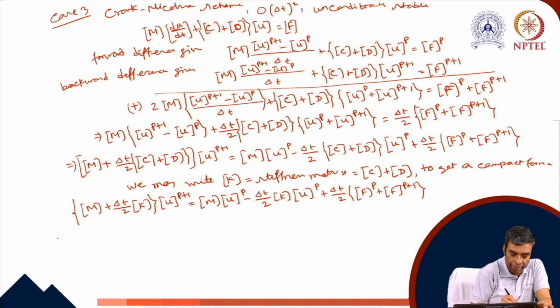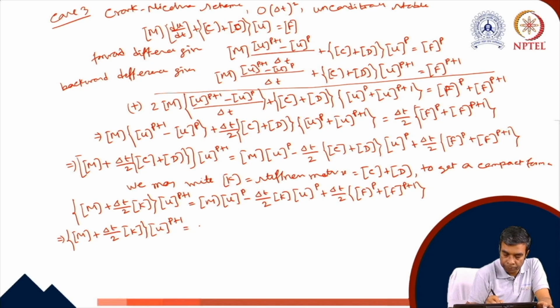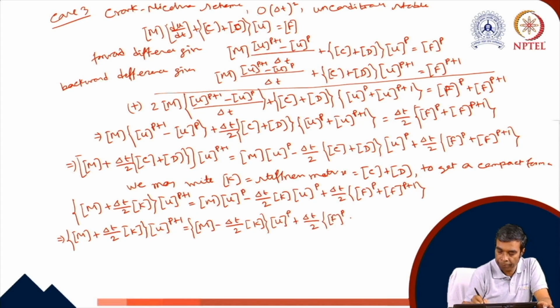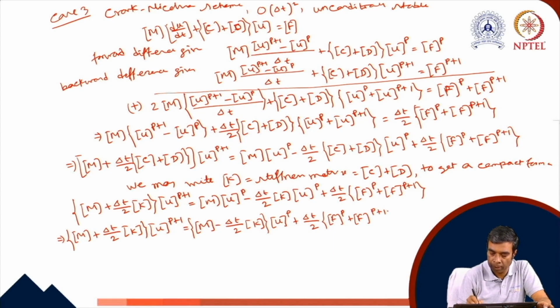This can be again simplified as: mass matrix plus delta t by 2 into the stiffness matrix, here we have q at p plus 1 equals (mass matrix minus delta t by 2 into stiffness matrix) multiplied with the known DOF vector plus delta t by 2 into (F at p plus F at p plus 1th level).